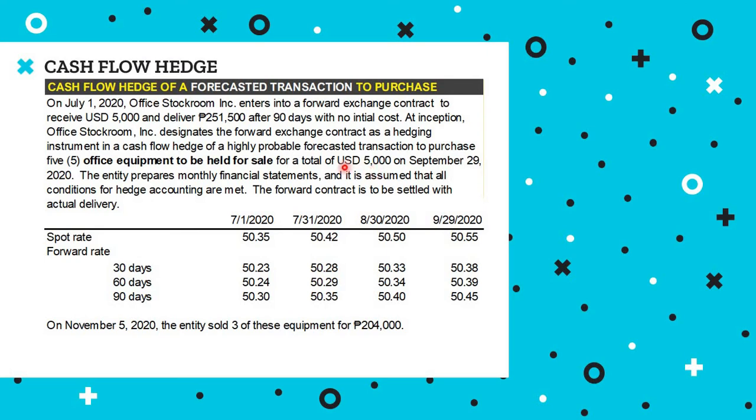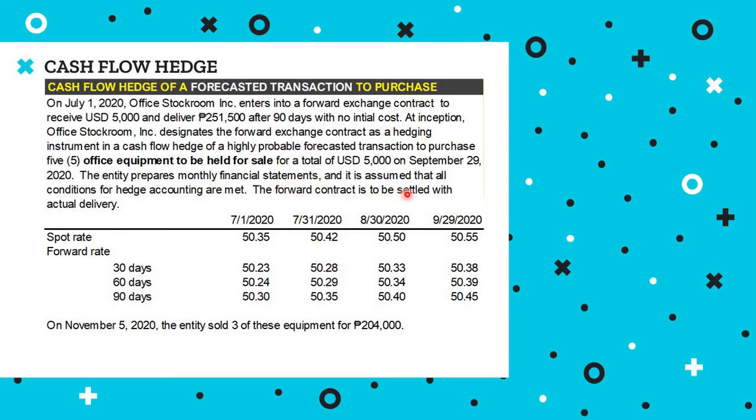And again, this can only be designated as hedge item if the forecasted transaction is highly probable. Dapat malaki ang chance na mangyayari itong transaction na to before we can designate this as the hedge item. And sabi, we prepare monthly financial statements.